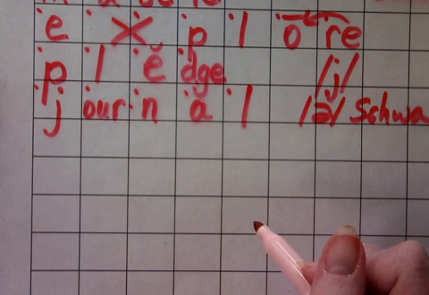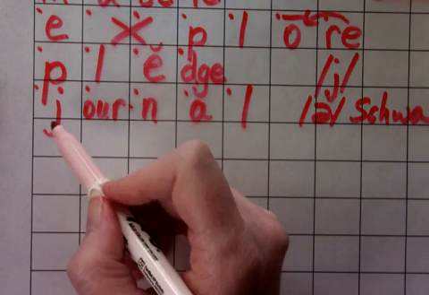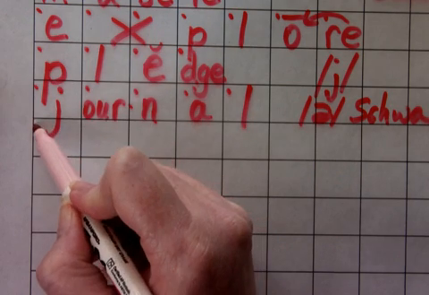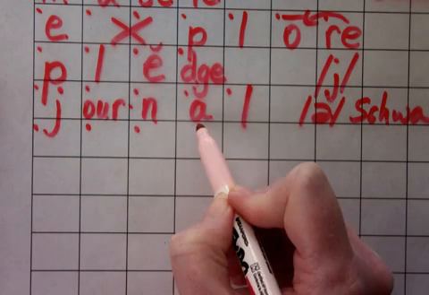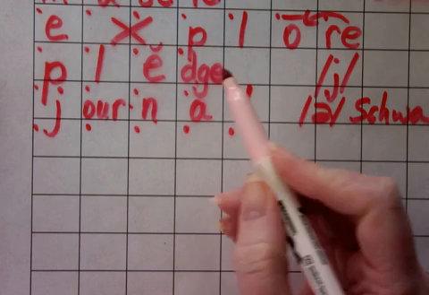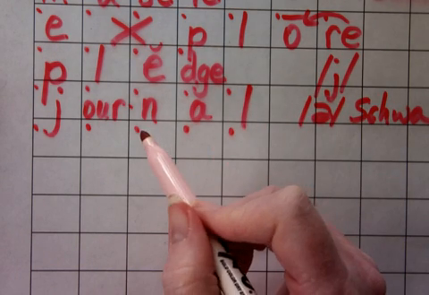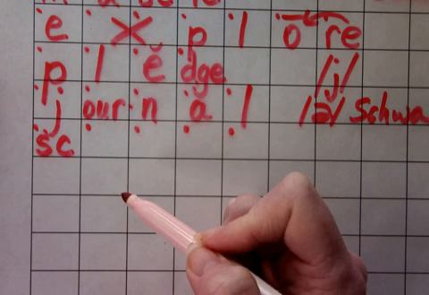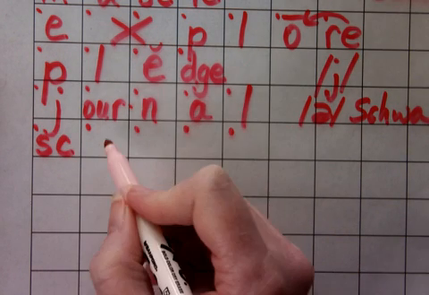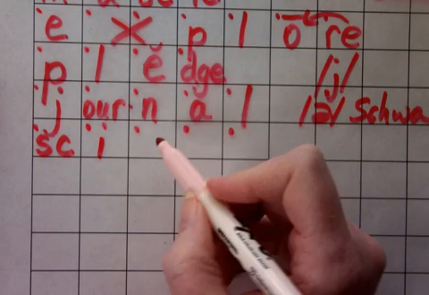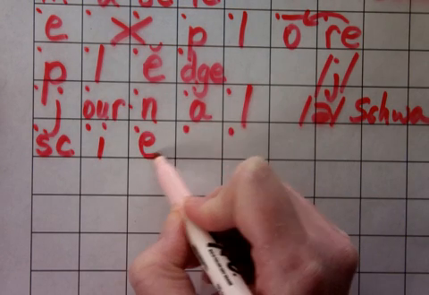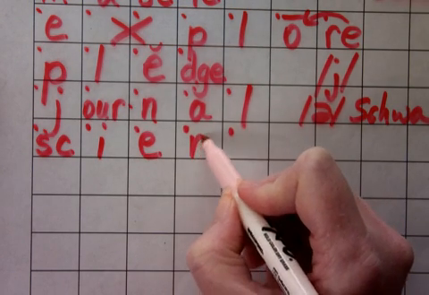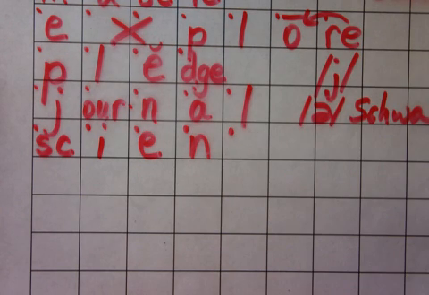The next word is science. Sound it out. S-I-N-C. The first sound is S, and it is the silent C. S, I, E, N, S. Now let me show you this.